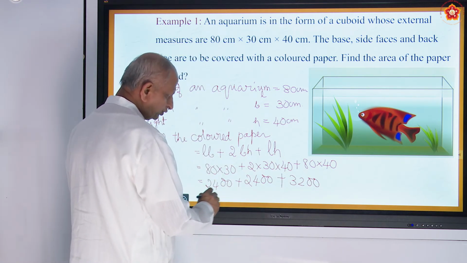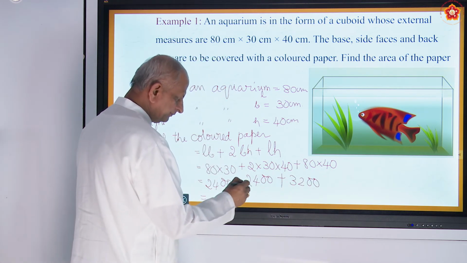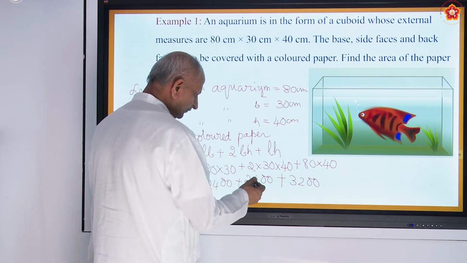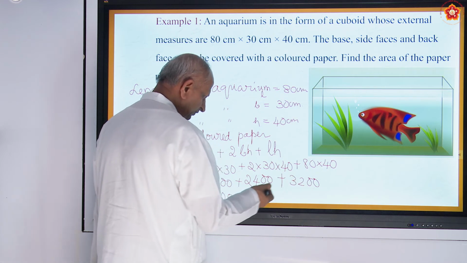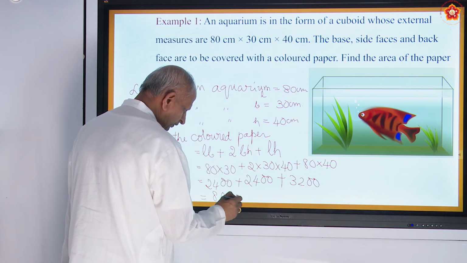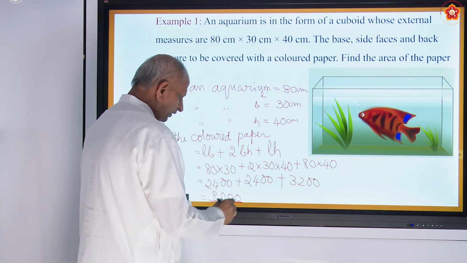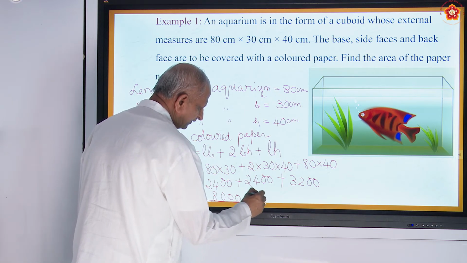So that comes to, if we add all these things, 2 plus 4 is 6, 6 plus 4 is 10, 1 plus 3 is 4, 6 plus 2 is 8, 8000. 8000 square centimeters.